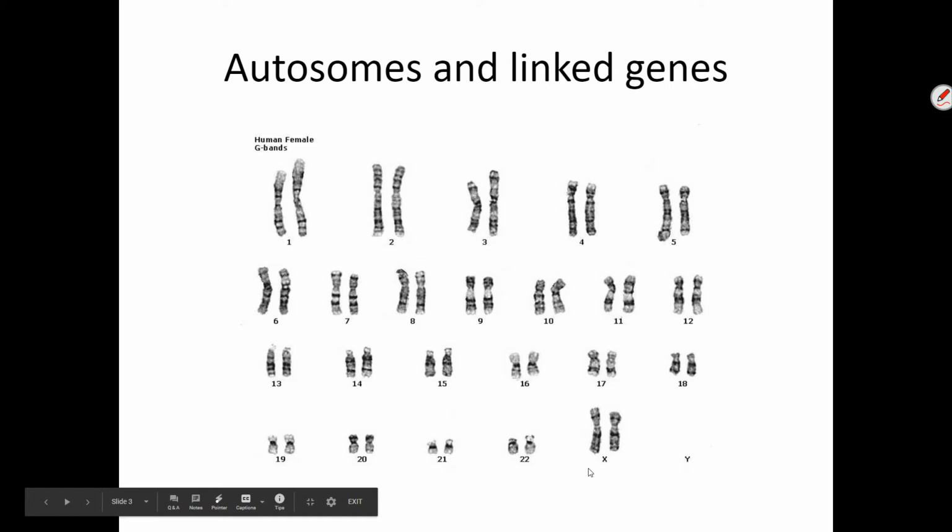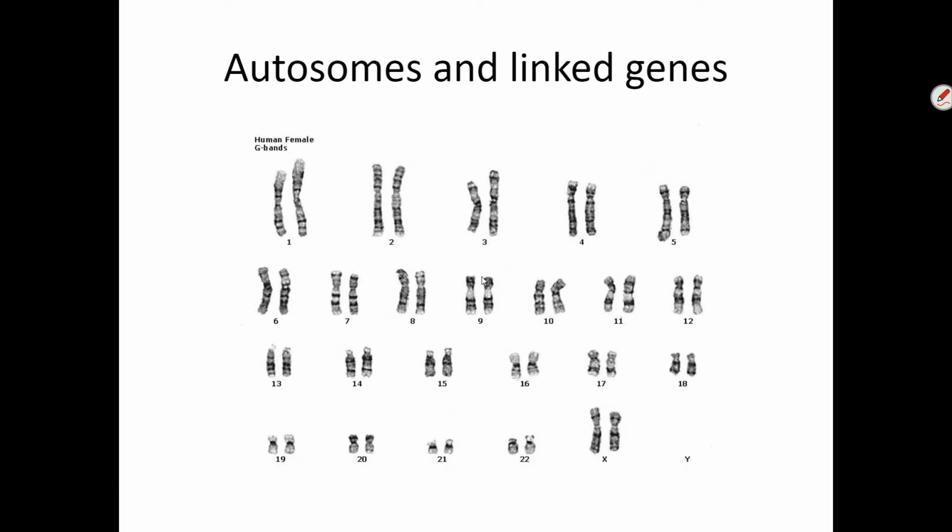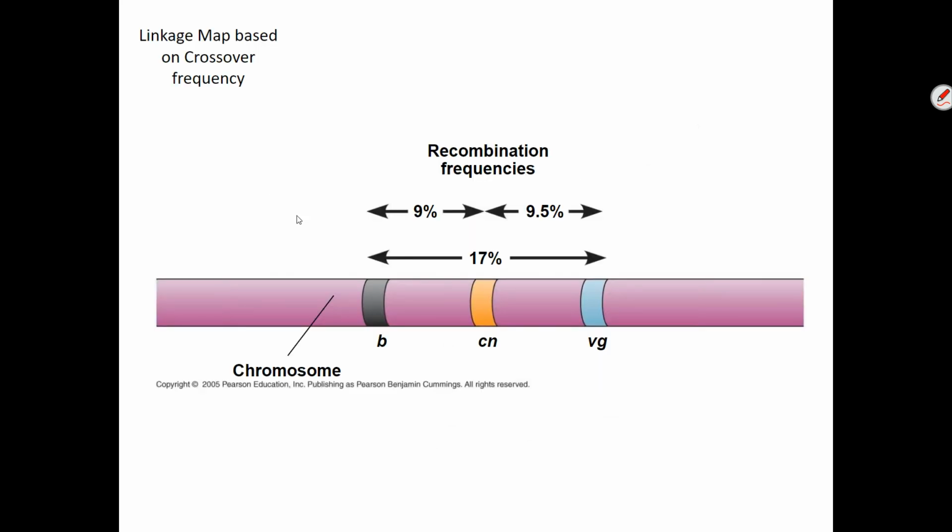And chromosomes are inherited from mom and dad. Mom gives you one, dad gives you the other one, and this pair is called a homologous pair. So when we're talking about linked genes, we are talking about genes that are located on the same chromosome. Really simple.